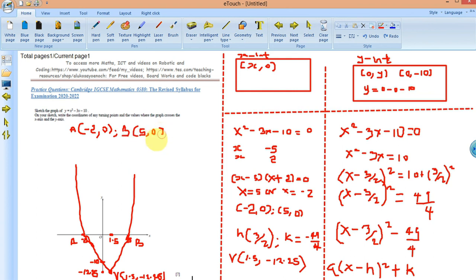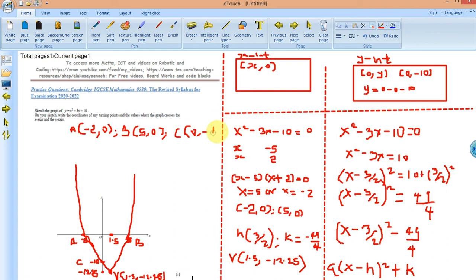Let's tag it C. So C is 0 comma minus 10, because it is the y-intercept. You can see it here, 0 comma minus 10.